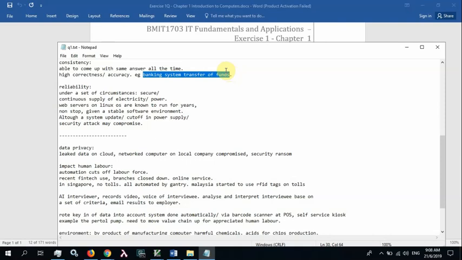One of ACID, C, stands for consistency, whereby at any point in the transaction, say while transferring money from account A to account B, deducting and debiting these two accounts, if anything happens, network down or power got tripped, when you restart the database system, a good database system will roll back this transaction to its original state as if that transfer didn't happen at all.